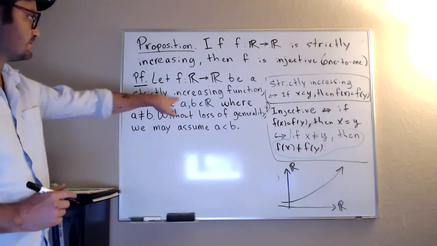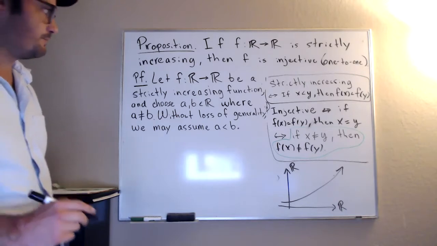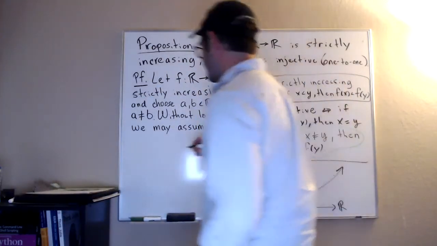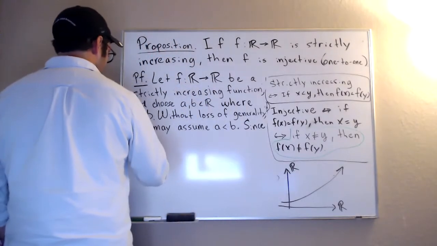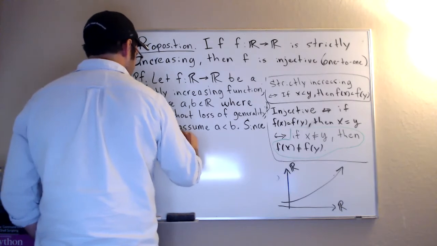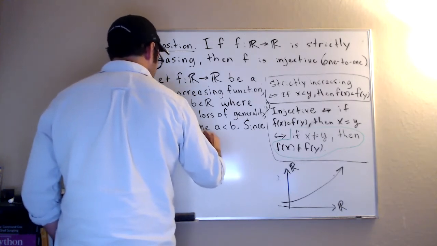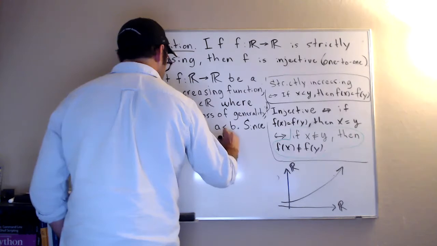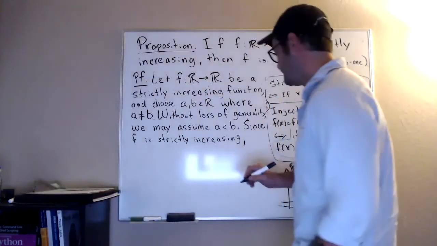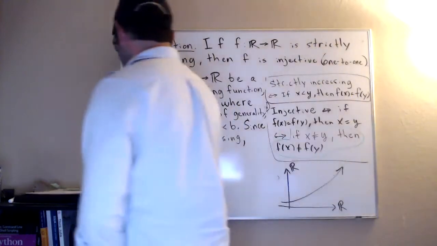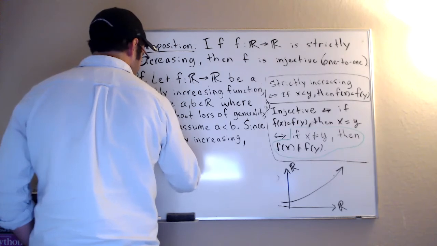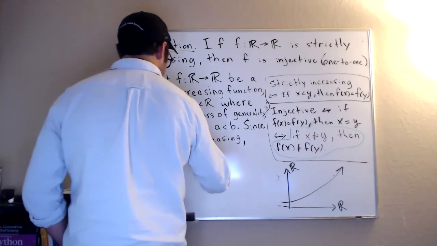So then we can use the strictly increasing information now. So we can say, since f is strictly increasing, f of A is strictly less than f of B by definition.